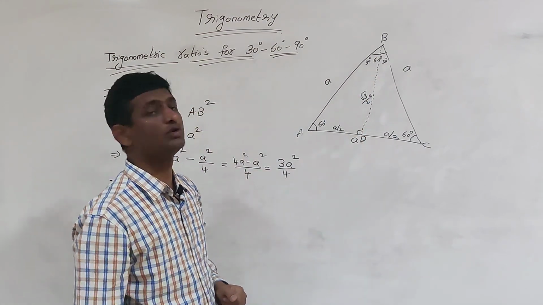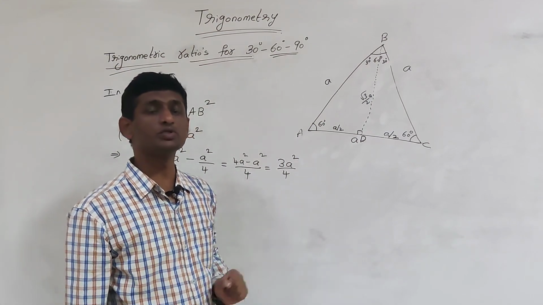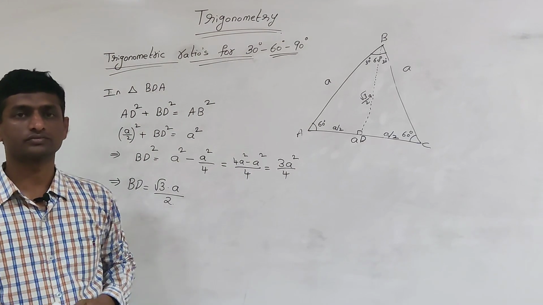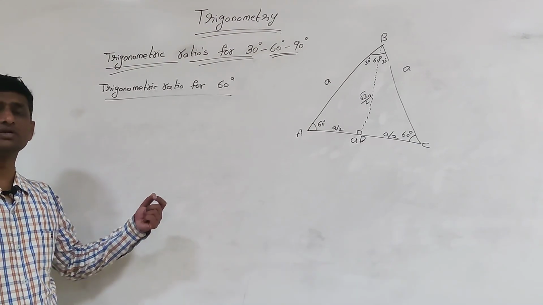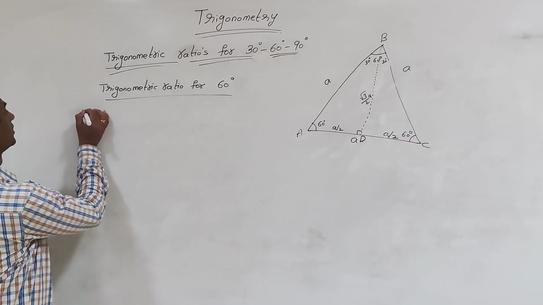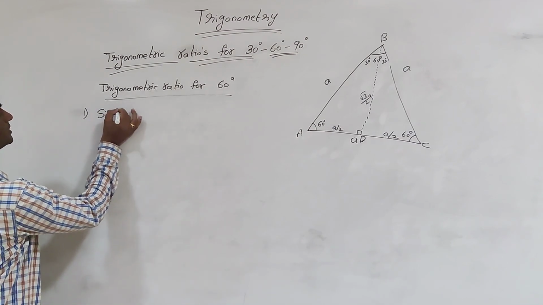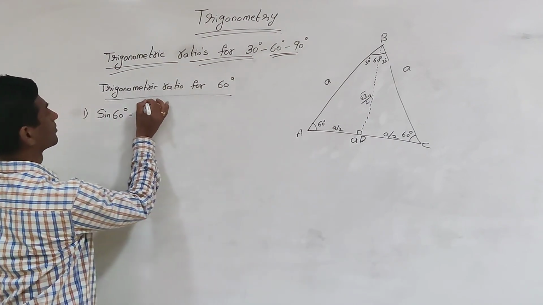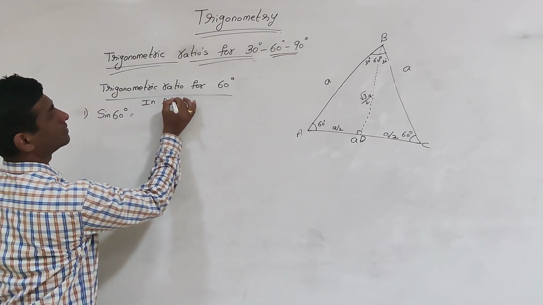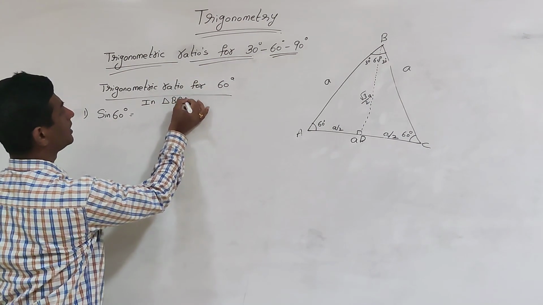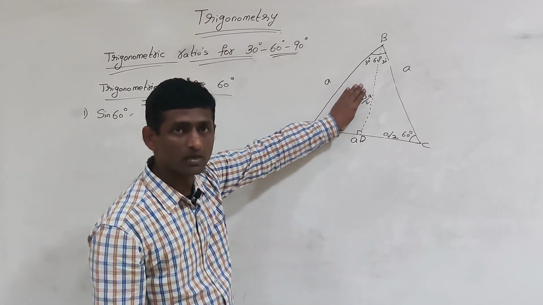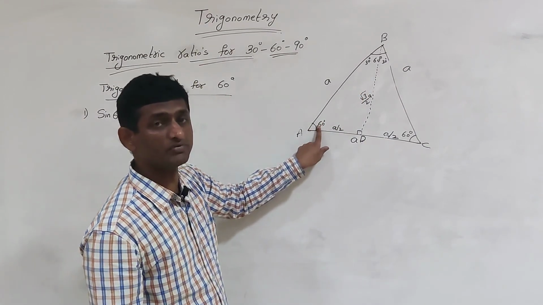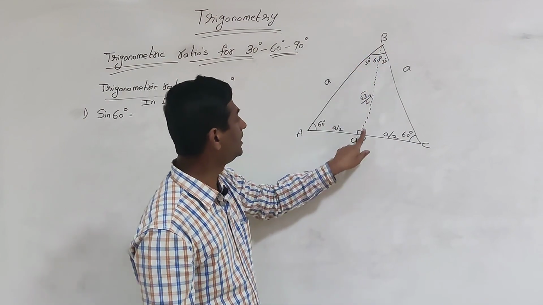Now we'll go for the trigonometric ratios for 30 as well as 60. First, the trigonometric ratios for 60 degrees. First one, sin 60 degrees. Now in triangle BDA, take this part of the right angle triangle. 60 degrees is here. The opposite of 60 degrees is BD.